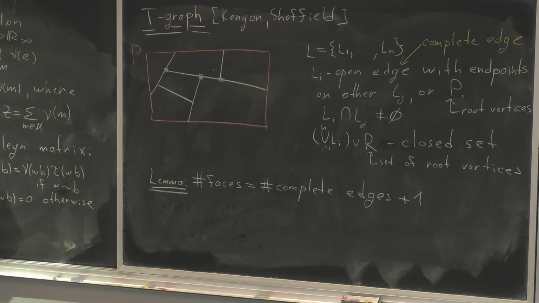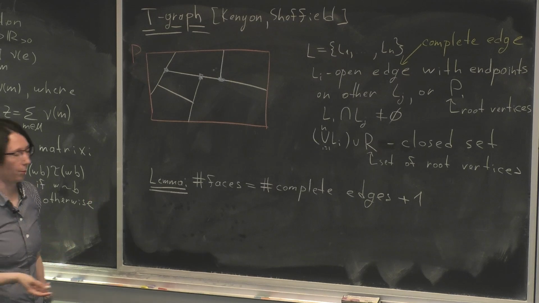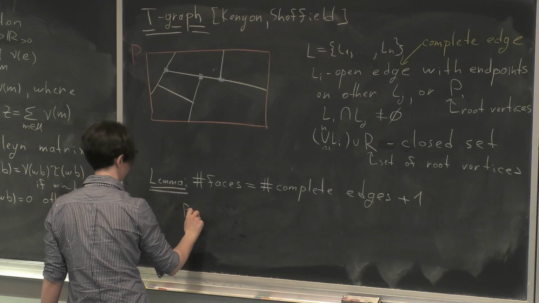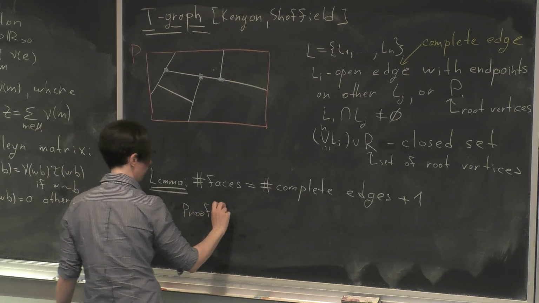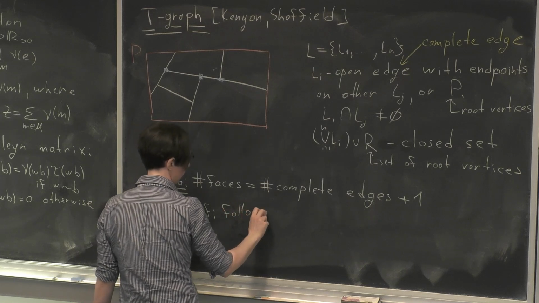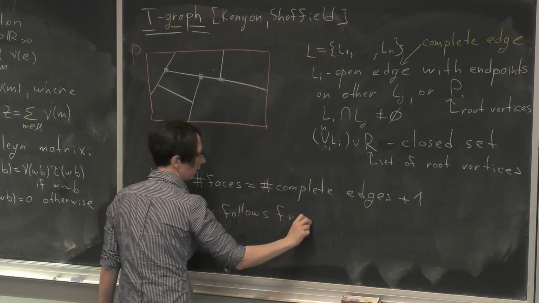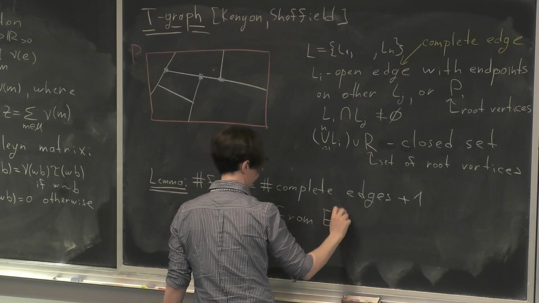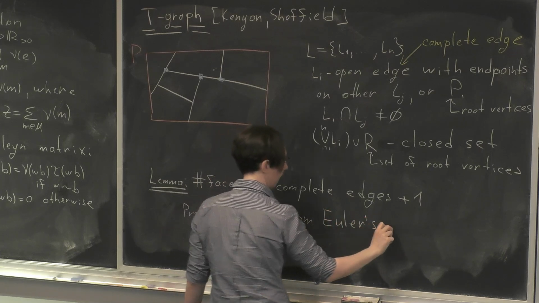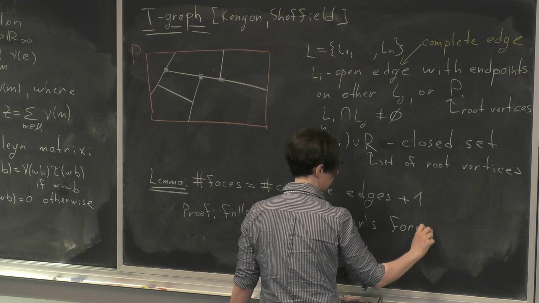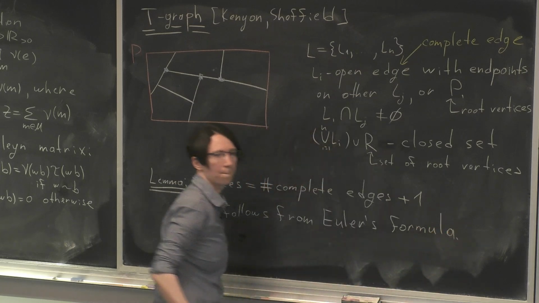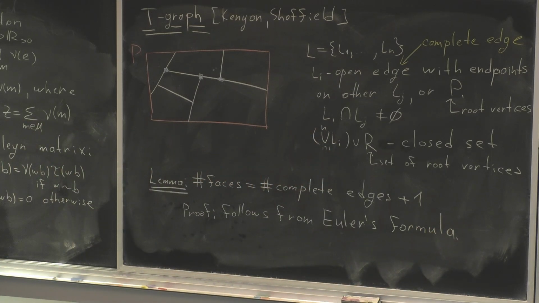So there is one more face than the number of edges. And this is obvious from Euler's formula. So proof follows from Euler's formula.